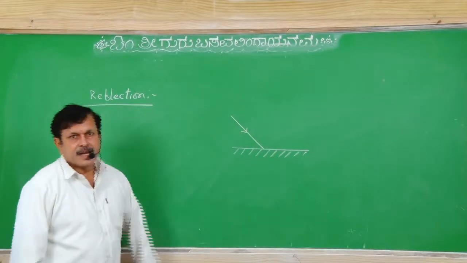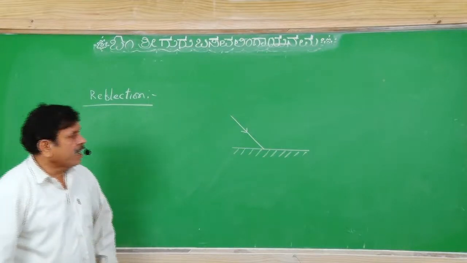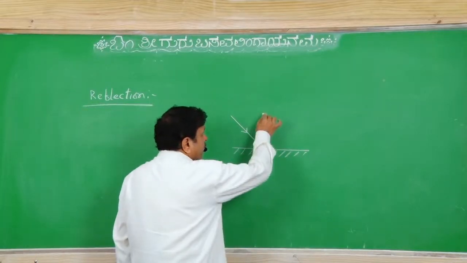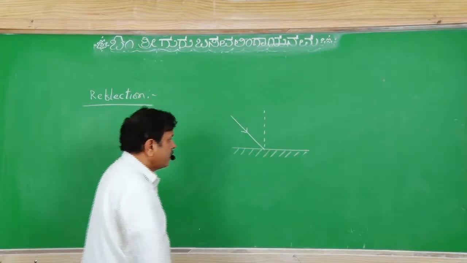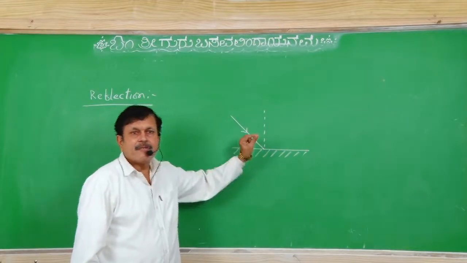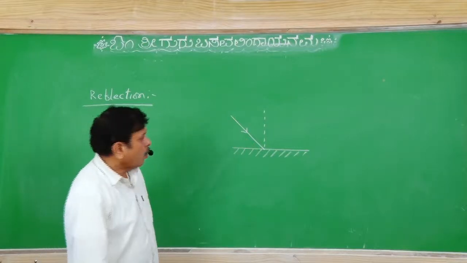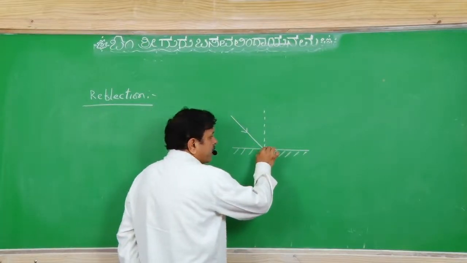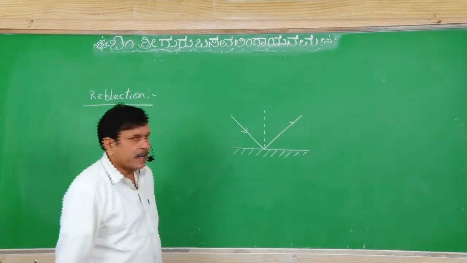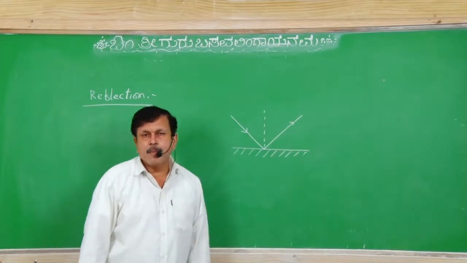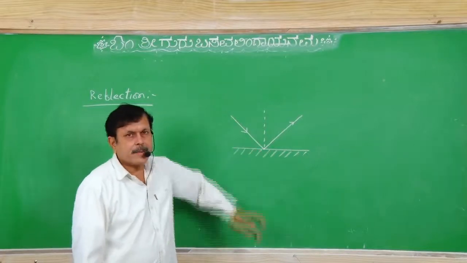Assume the ray is perpendicular at the point where it is incident. We will find that some amount of light will be sent back into the same medium from which the light is coming.